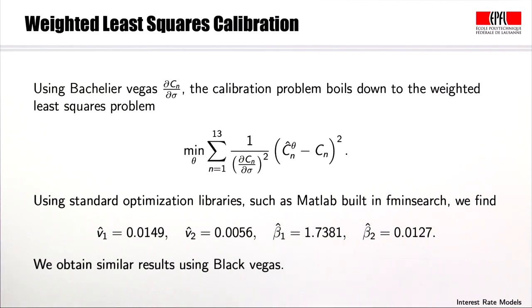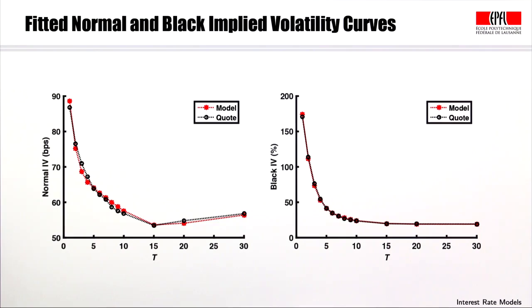We obtain similar results using Black vegas instead of Bachelier vegas. On this slide, we see the fitted normal and Black implied volatility curves. In black, we have the market quotes, and in red, the model implied volatilities.